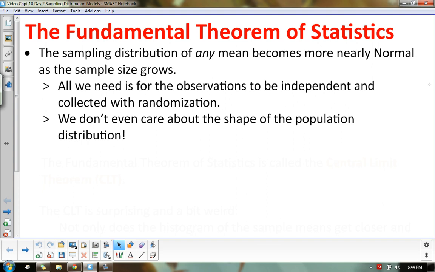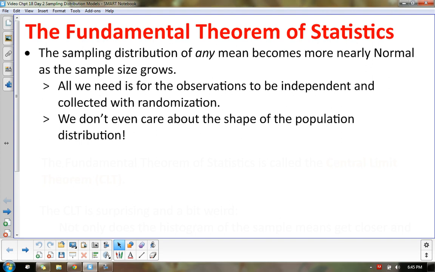Now, we talked last time a little bit about sampling distributions themselves. We said the sampling distribution of any mean, we were focusing on the average of the proportions, becomes more nearly normal as the sample size grows. We like to have a really big sample, but not too big, nothing more than 10%, so that our success and failure condition is met, so that we have at least 10 successes and 10 failures.